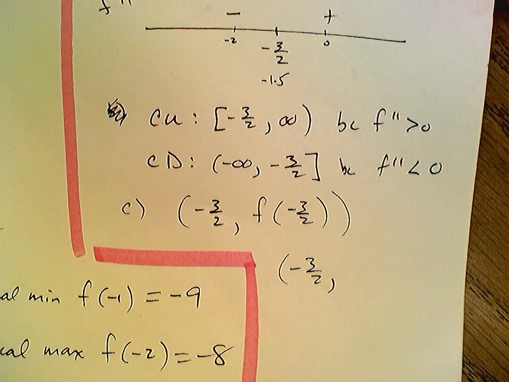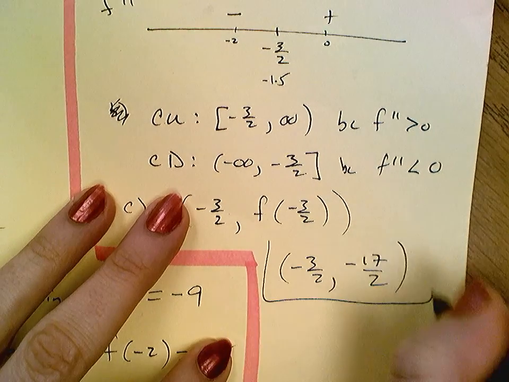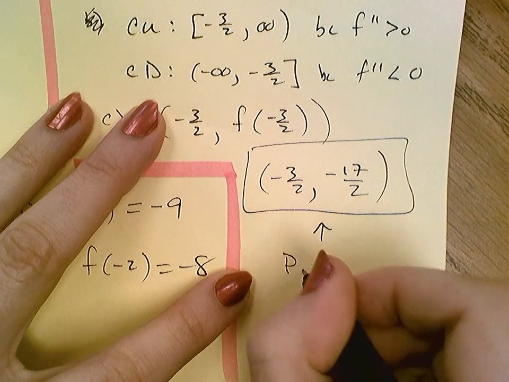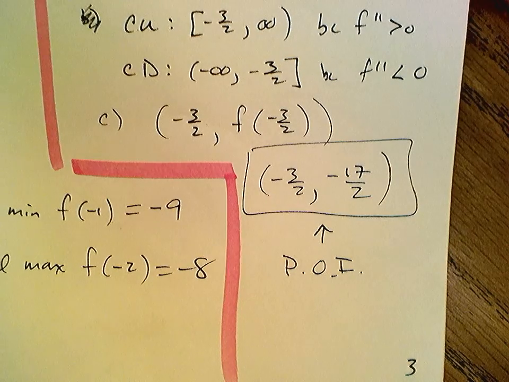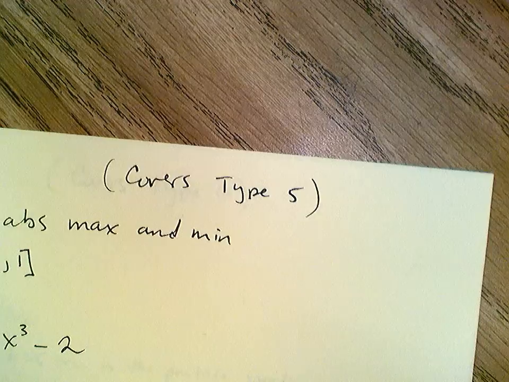I'll get a fraction. Negative 17 over 2. Okay, so that's the point of inflection. Okay, so that covered types 3 and 4.